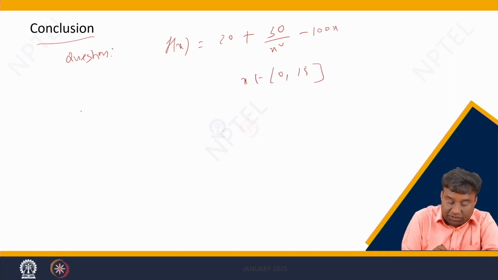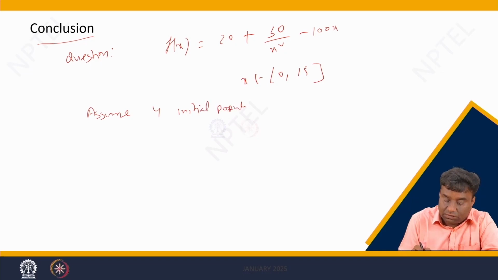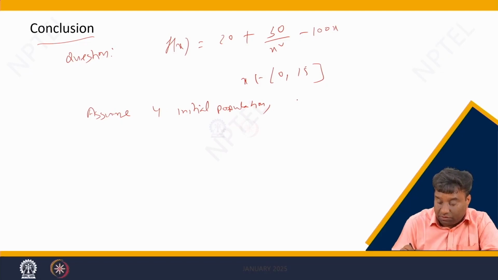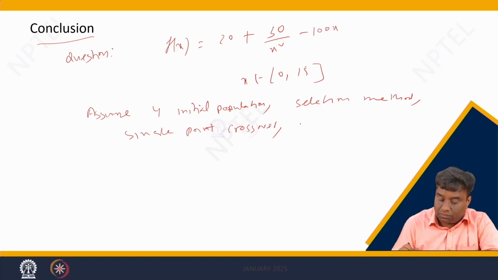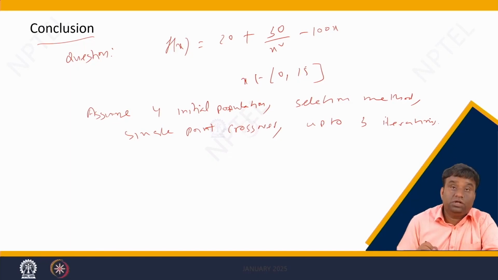Take 4 initial populations, with the roulette wheel selection method and single point crossover, and solve up to 3 more iterations. So this is your today's question.